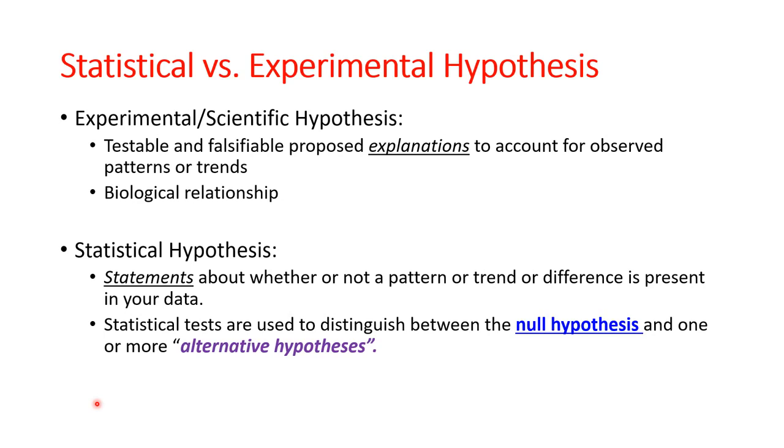It's a proposed explanation for an observed pattern or trend, right? That's an experimental hypothesis. When we conduct a statistical analysis, we have statistical hypotheses. These are statements about whether or not a pattern or trend or difference is present in your data. These are just for the statistical analyses. They don't talk about the relationship and they don't talk about the variables per se, right? These are different than experimental hypotheses.